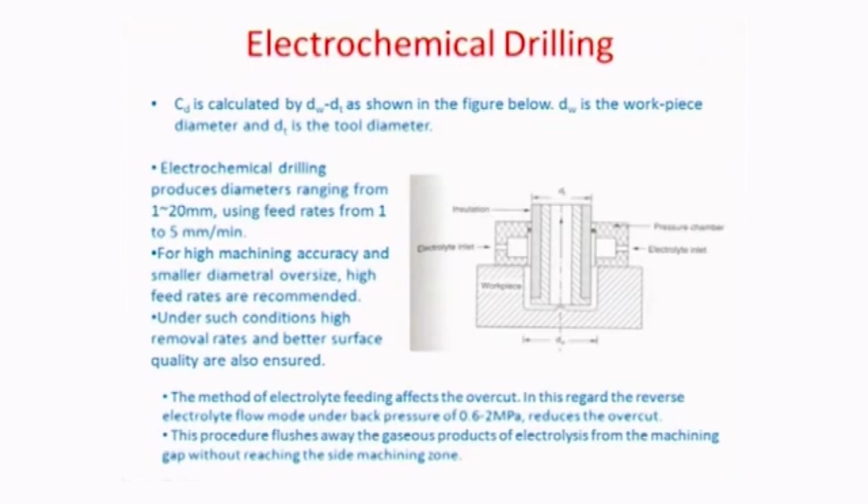Supposing dW is the workpiece diameter which eventually gets formed, and dt is the tool diameter. So definitely this CD, or the side machining gap, happens because of the difference between dW and dt. So dW minus dt is CD.